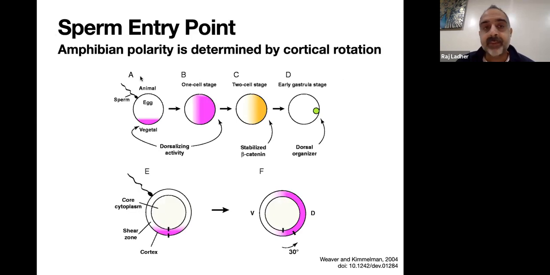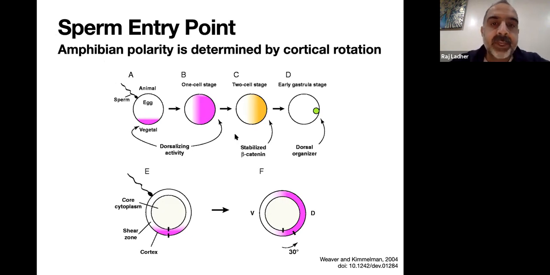So this is the amphibian embryo. We've talked about how symmetry is broken here a few times. And so let me just see that you remember this from when I lectured.